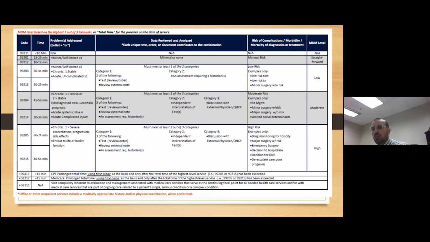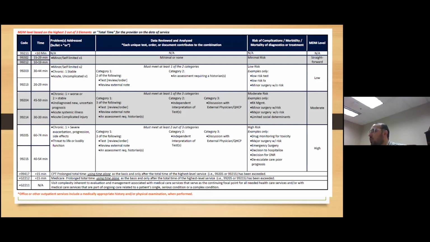It is established versus new, and the new patients usually have higher requirements of time. And for any extra 15 minutes, you use the extra CPT code for that. So you are using the total times for it, and then you do it.